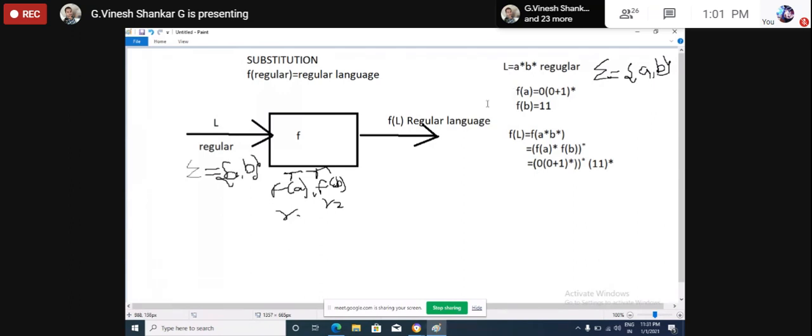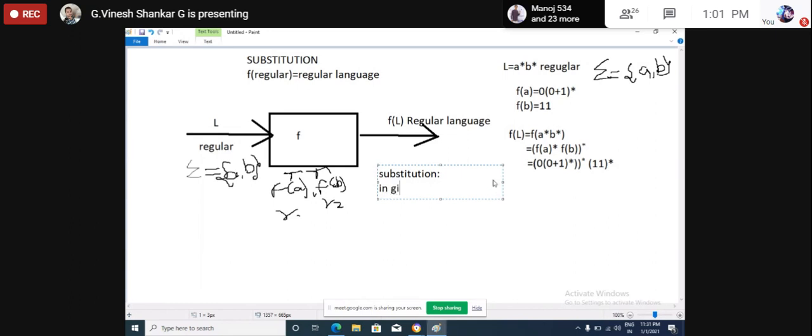So let us go to the definition. What does substitution mean here? Substitution means in a given regular language, every input symbol is substituted with some regular language.